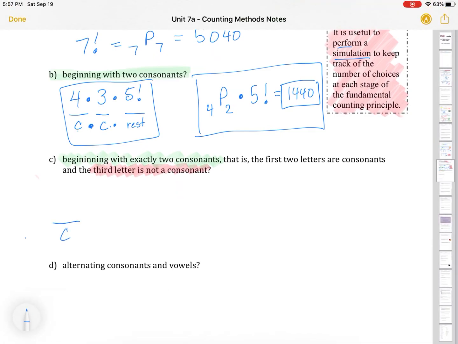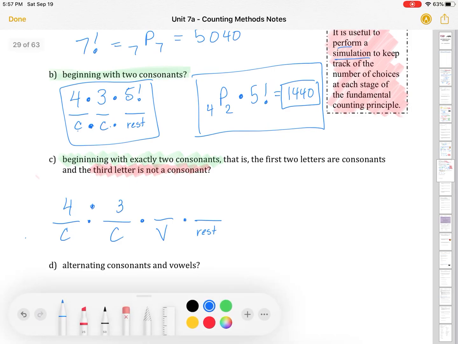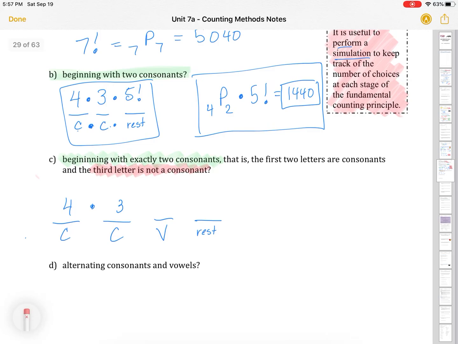That is going to change some things, and we're going to map out a simulation. Our first choice has to be a consonant, times a consonant. Then the third choice has to be a vowel, and then the rest. The beginning starts the same: 4 times 3.